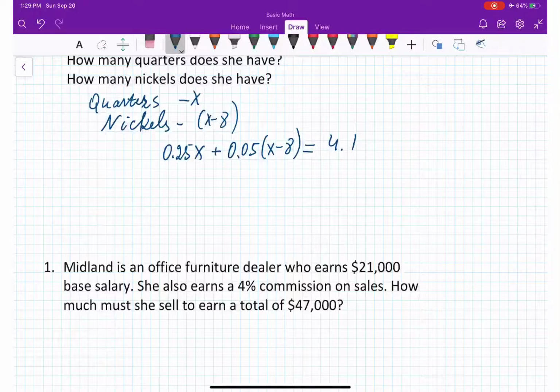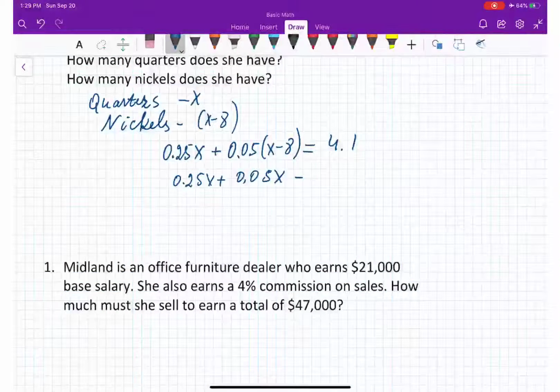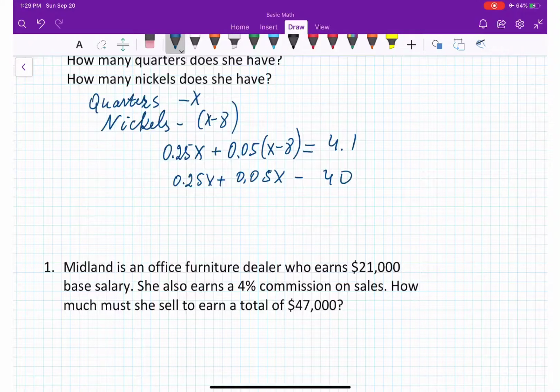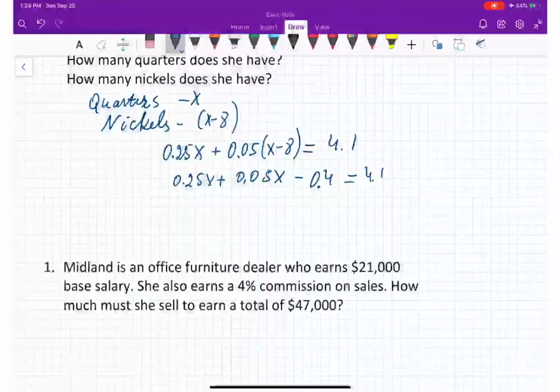So 0.25x plus 0.05 times (x minus 8). 0.05 times 8 is 0.4, right? So minus 0.4, and all this is equal to 4.1.